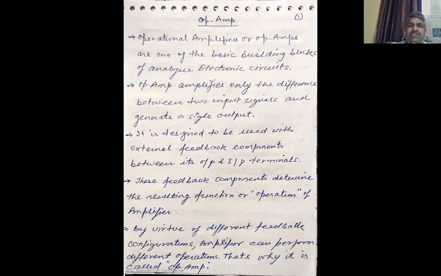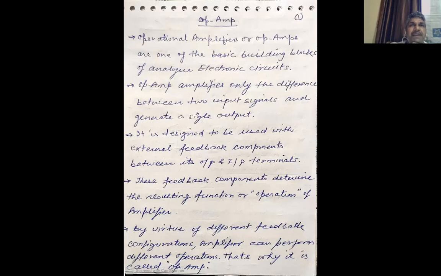It is designed to be used with external feedback components between its input and output terminals. These feedback components determine the resulting function or operation of the amplifier.